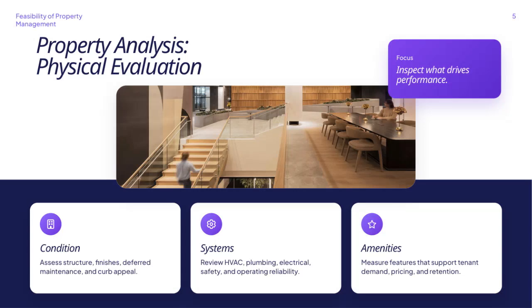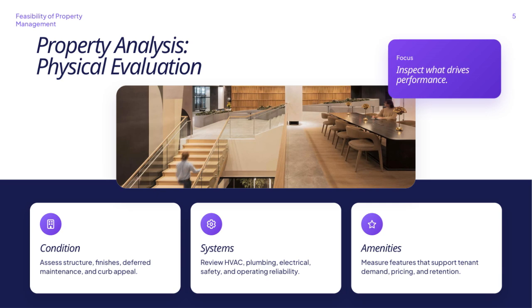Now, let's dive into the physical evaluation aspect of property analysis. First, we assess the condition of the property, looking closely at the structure, finishes, any deferred maintenance, and the overall curb appeal. This gives us a clear sense of how well the property has been maintained and its attractiveness to potential tenants.